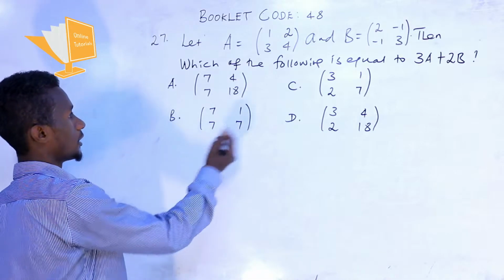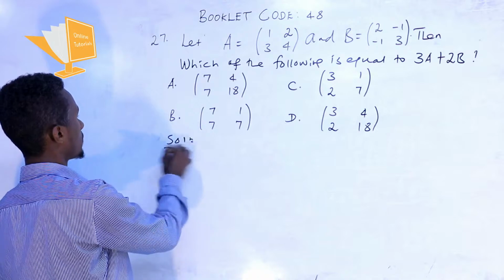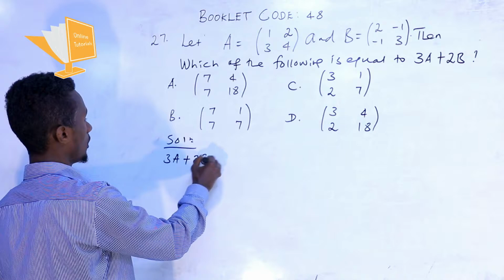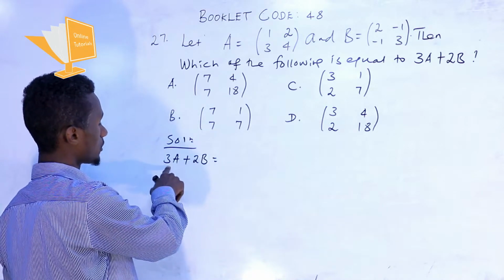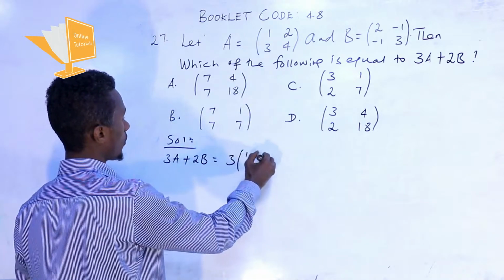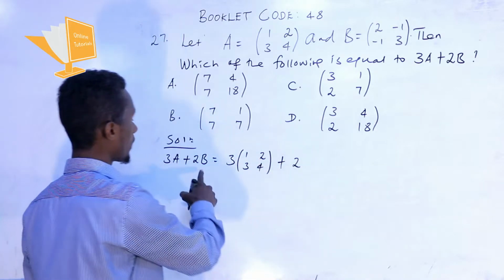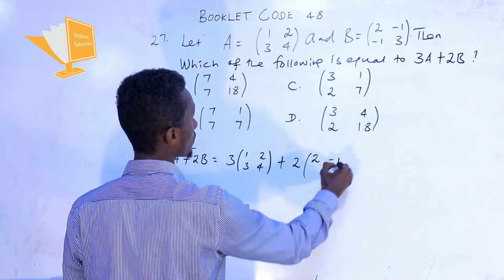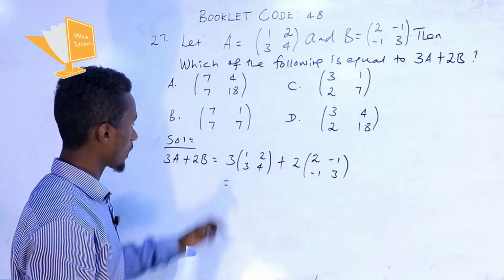This is for addition or the scalar multiple of a matrix ነው. ይሄን ለመስራት we have 3A plus 2B, which is equal to: when you multiply the matrix A by the scalar 3, then we have 3 times matrix A, 1 2 3 4, then plus, when you multiply the matrix B by 2 as a scalar multiple, we have 2 times matrix B, minus 1 minus 1 3 አለን.